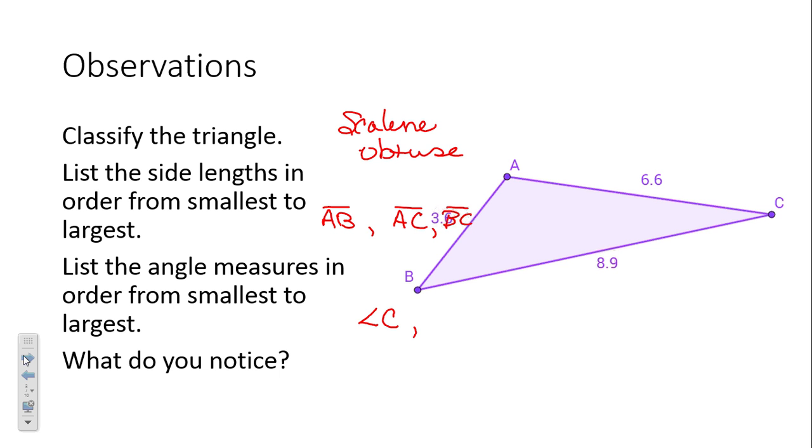Angle C. You could call it angle ACB and use the 3-letter combo. Or you can simplify it, but make sure that you show me your angle mark. Okay? And then it's B, right? Then which one's next? Angle B. Perfect.